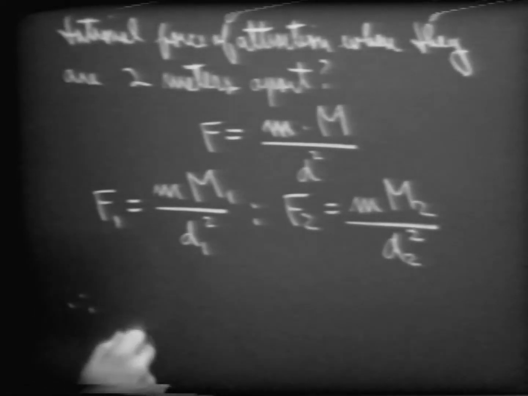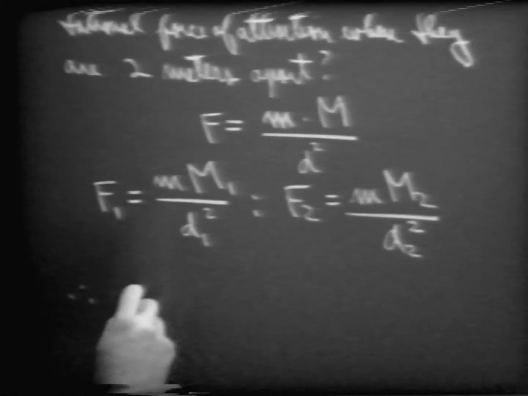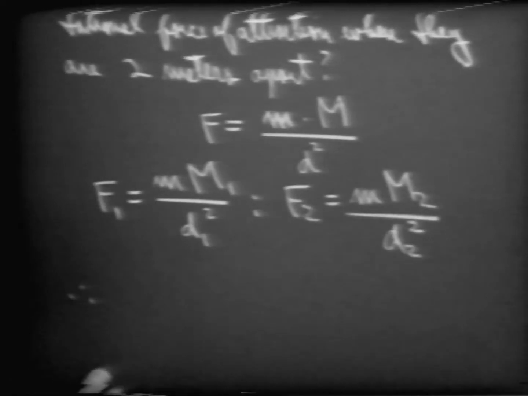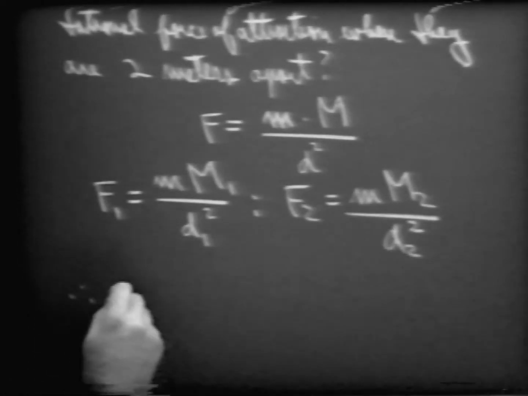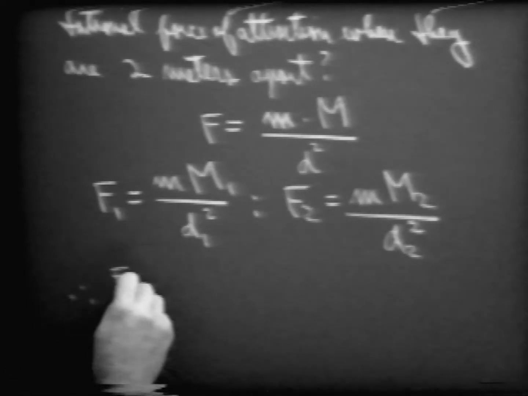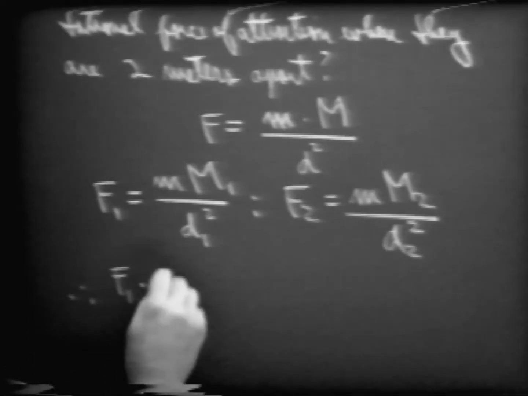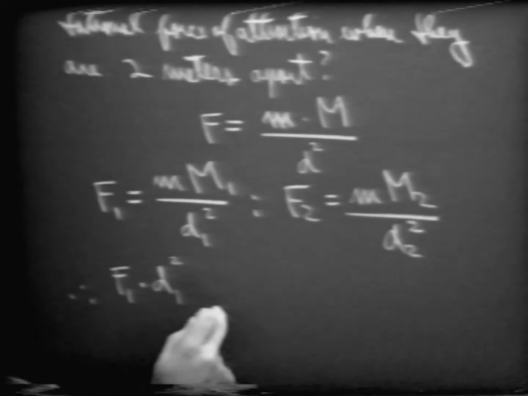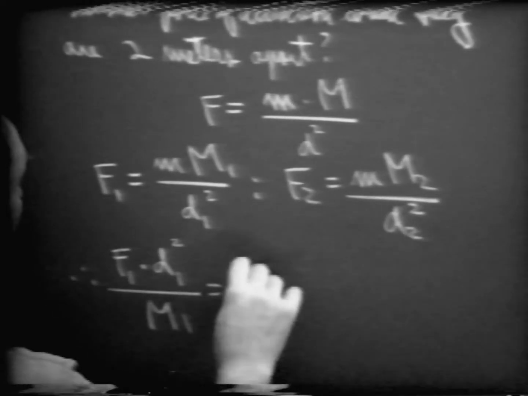We're looking for m is equal to something, or something is equal to m. F sub 1 times d sub 1 squared over m sub 1 is equal to m.